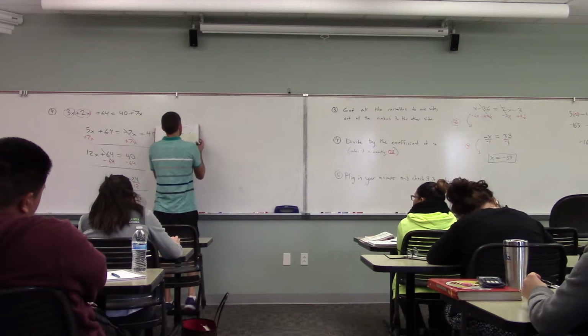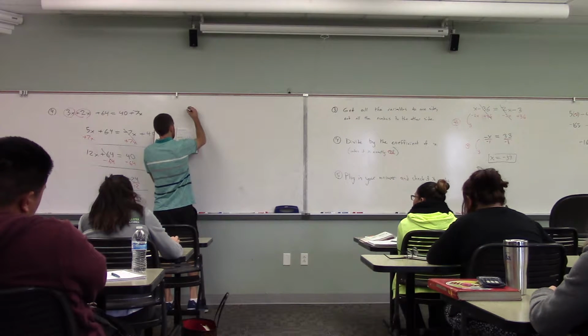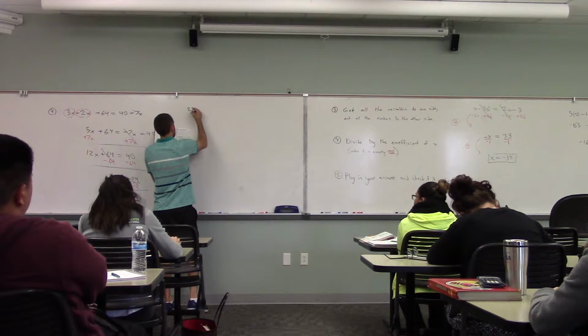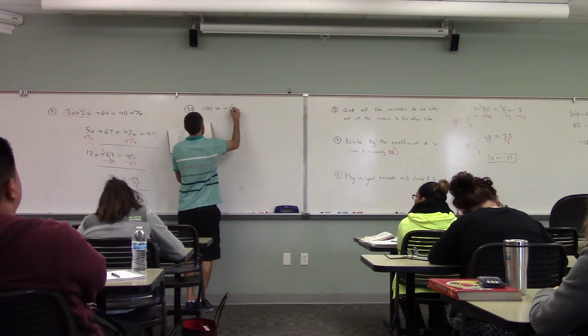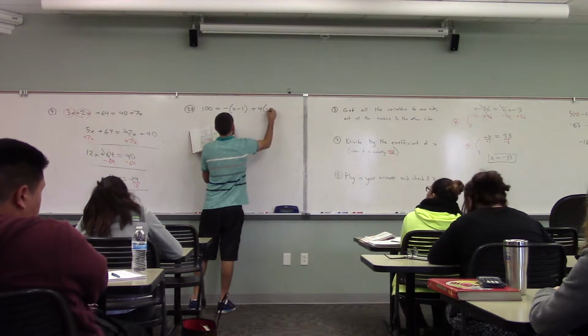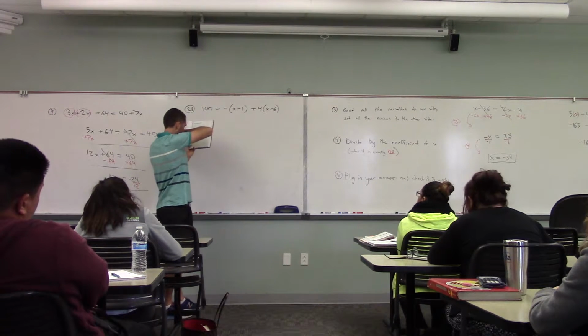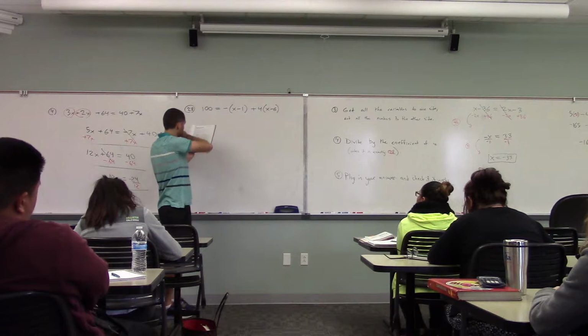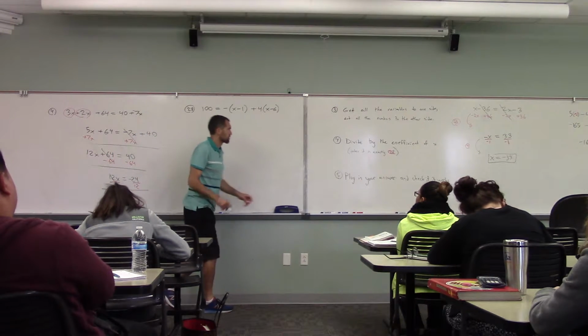Alright. So one more would look like this. 28 is 100 equals negative x minus 1 plus 4x minus 6. Oh, is that right? 28, yeah, negative, okay. All right.